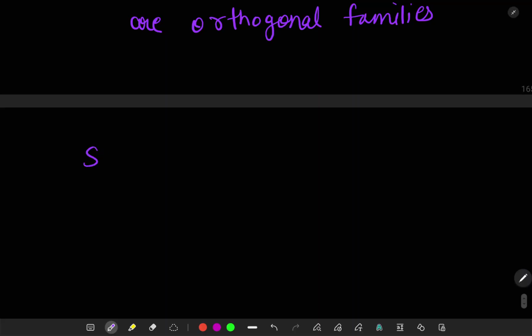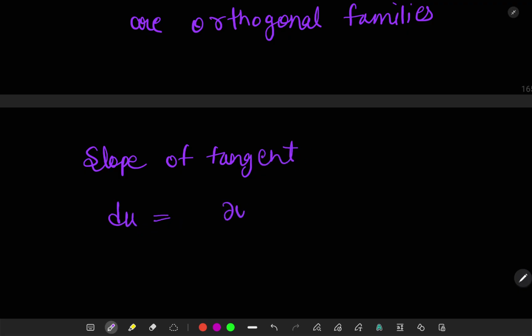For calculating their slope of tangent, du is equal to del u over del x dx plus del u over del y dy equals 0.